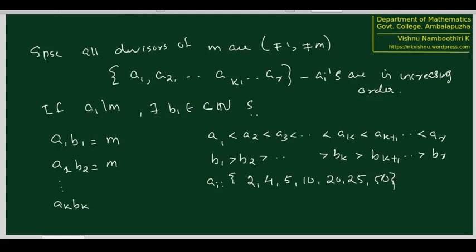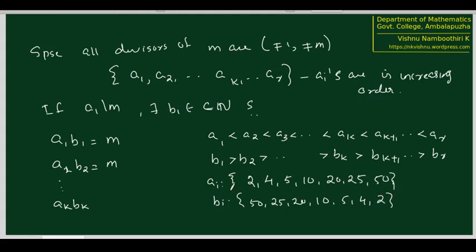These are the Ai's. Now, what about the corresponding Bi's? Corresponding to 2, we have 50; to 4, we have 25; to 5, we have 20; to 10, we have 10 itself; to 20, we have 5; to 25, we have 4; to 50, we have 2.